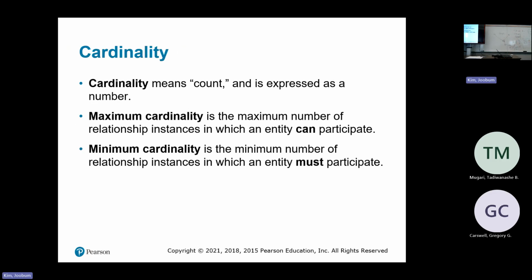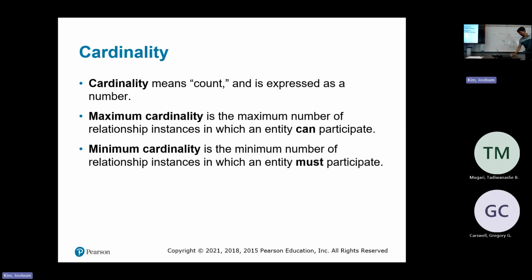Cardinality. What is the cardinality? You forgot everything. The cardinality is the maximum number of relationships.